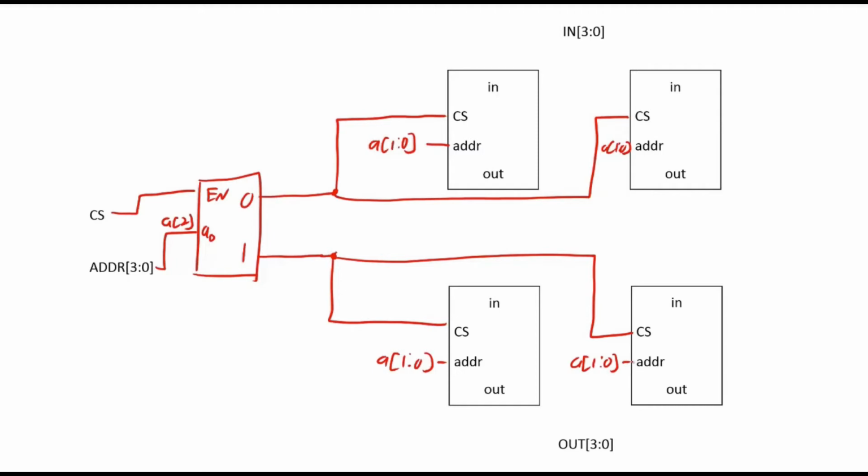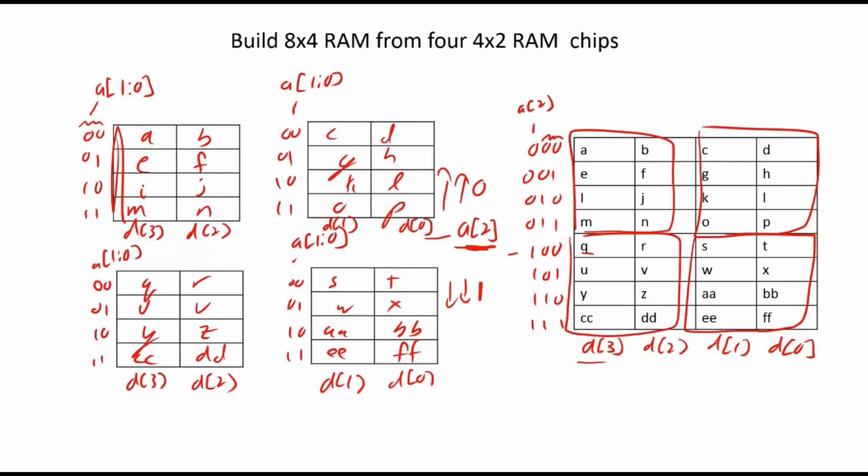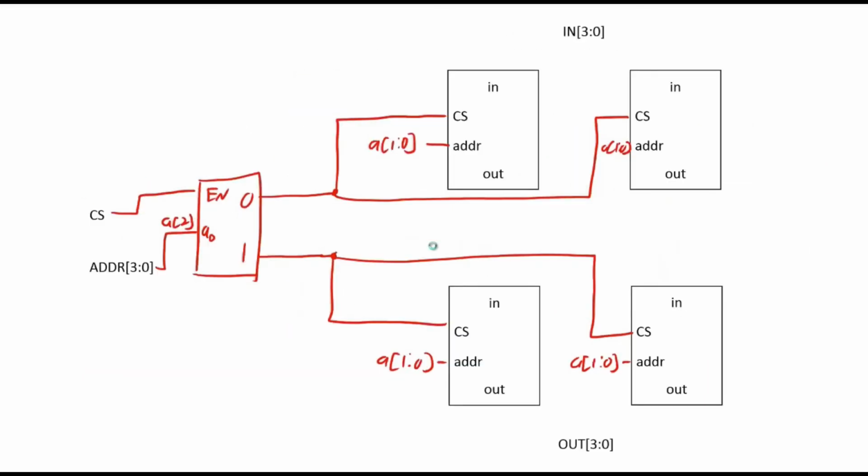Then I can orient these in the same way as before, so I can split the data. I'm going to do 3 and 2 into this one, and 1 and 0 into this one. And we can see that again here. I've got 3, 2, 1, 0 for my data. So I'm going to split it to have 2 bits.